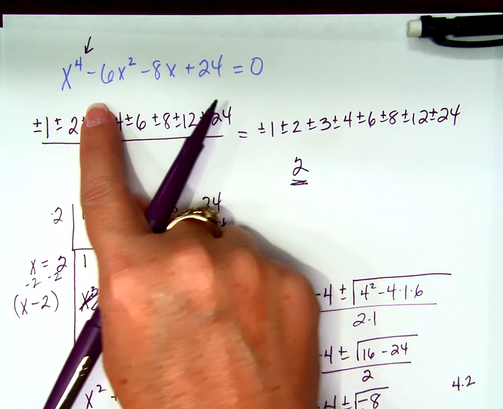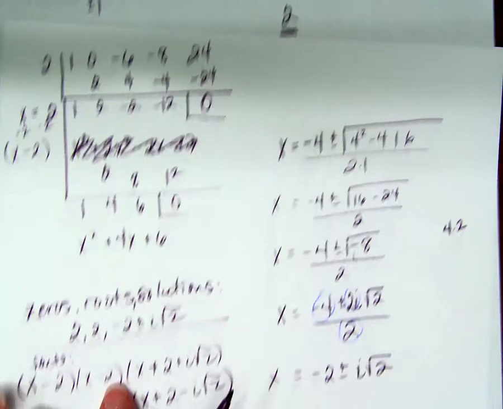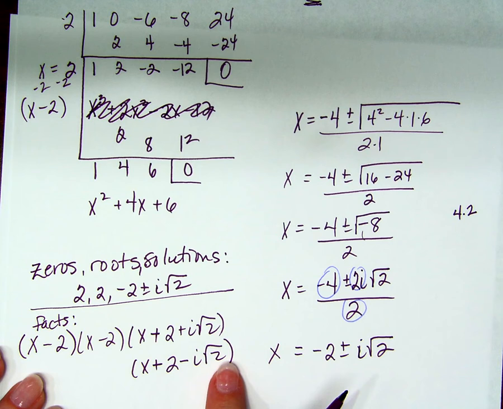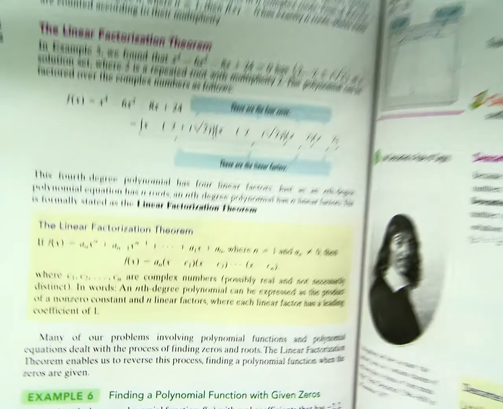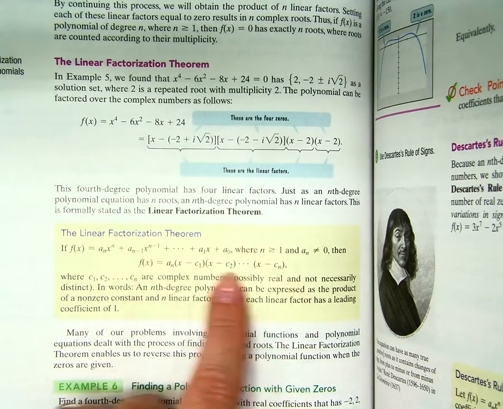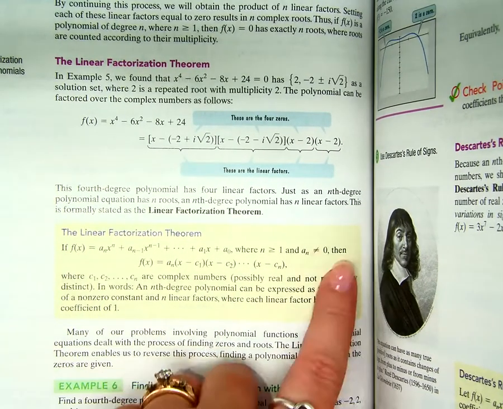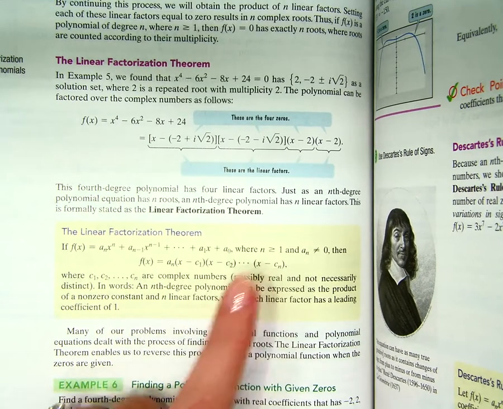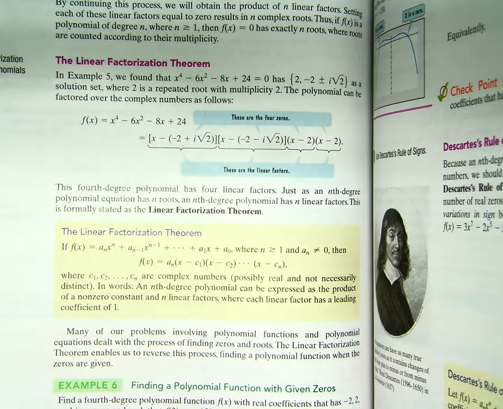If I'm given this problem, I can factor it by writing it as a product of factors. Okay? Linear factorization theorem looks like this right here. If this is true, then you can write it like this. You can write it as a list of factors, which is what we just did on the last example.